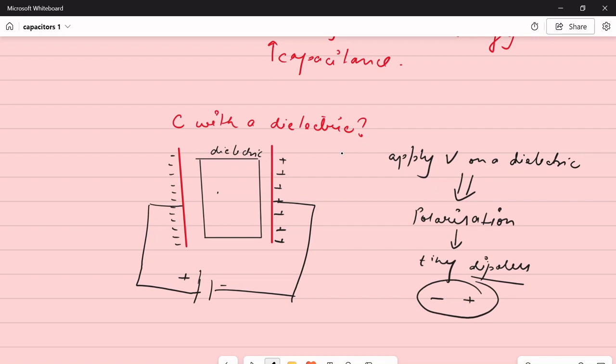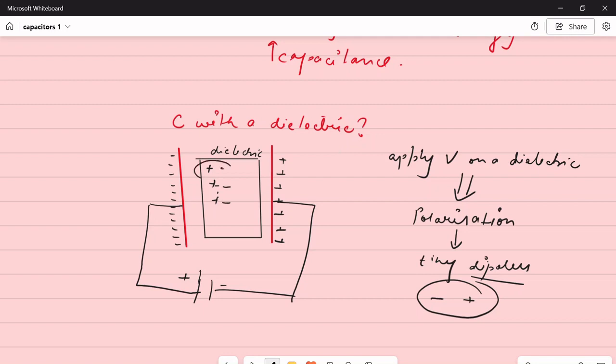Why? This negative charge is going to attract all the positive charges in this dielectric. So there will be small positive, positive, positive. And this over here is positively charged. This is going to attract the negative. So this is negative, negative and negative.